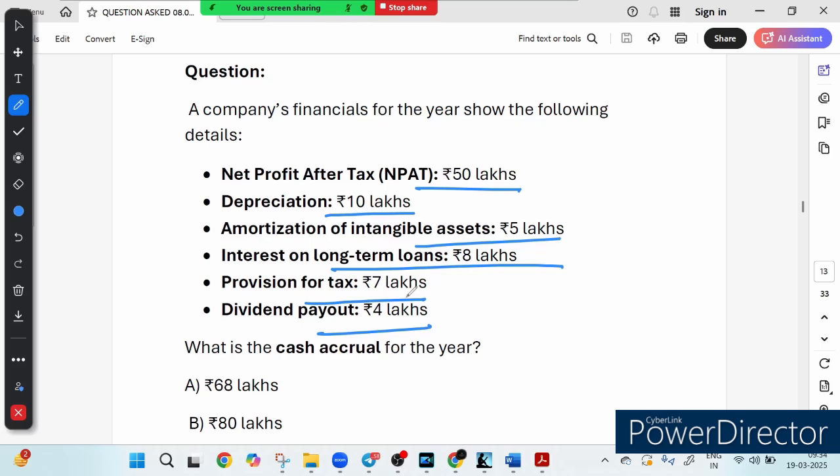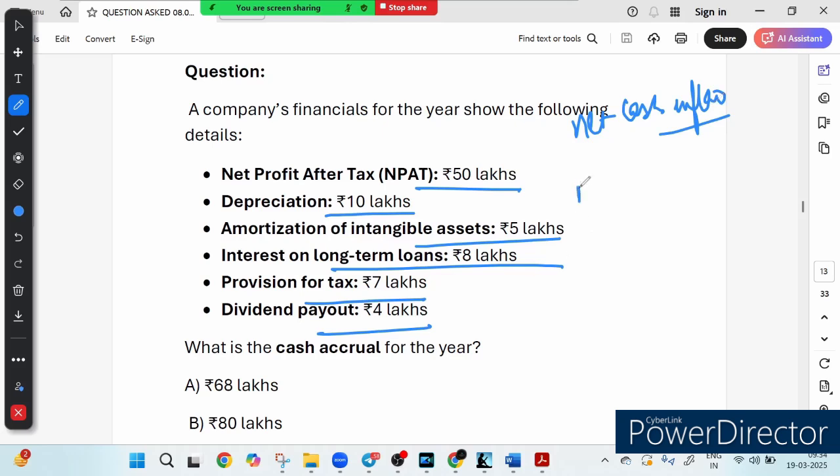So before we jump into the solution, let's first understand what is the meaning of cash accrual. Cash accrual means net cash inflow generated by the company from its operation. It shows how much cash the business actually generates, excluding non-cash items.